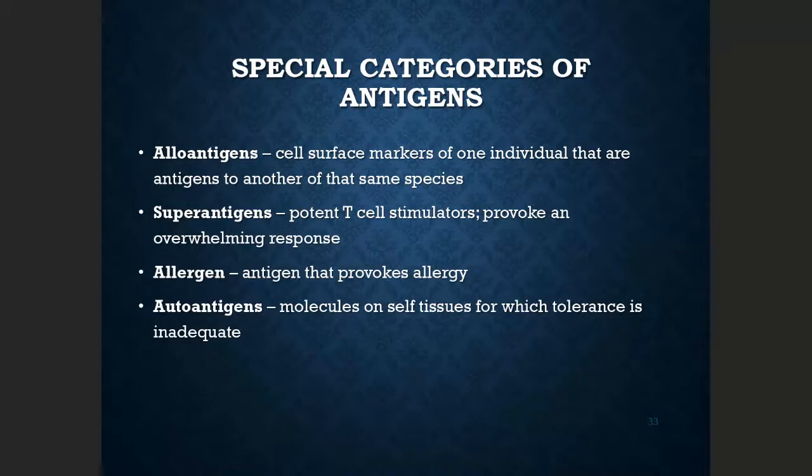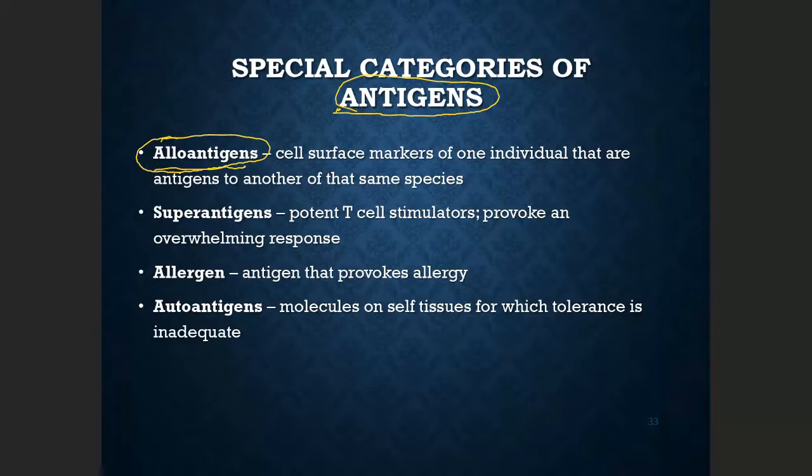Okay, so antigen is anything that enters into our body that provokes our immune system. There are some classifications of antigen. For example, alloantigens are cell surface markers of one individual that are antigens to another of the same species. Like for example, in a blood transfusion, we receive cells from other people. That type of antigen is called an alloantigen. It's coming from the same species.